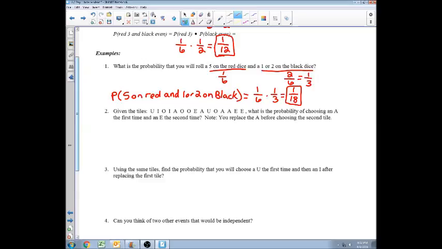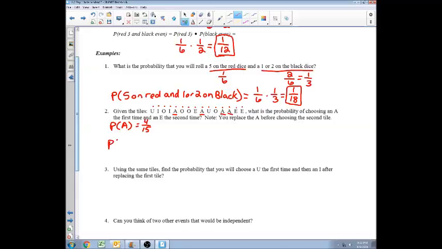So the probability of an A by itself is 1, 2, 3, 4, out of how many? 1, 2, 3, 4, 5, 6, 7, 8, 9, 10, 11, 12, 13, 14, 15. So it is 4 out of 15, and 4 out of 15 cannot be simplified. So that's okay there.